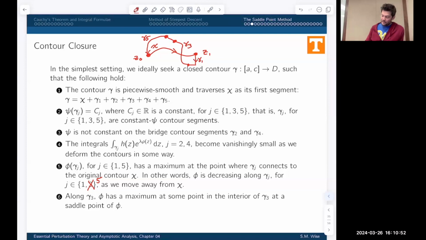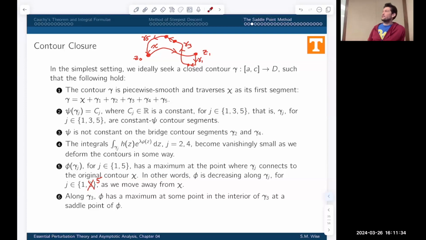Then you follow gamma 1, then gamma 2, gamma 3, gamma 4, and gamma 5. So ultimately, I create a closed contour, a closed loop. And everything is nicely contained in some nice set D. And the whole point of this is a way of deforming the original contour chi, because now I can think about running this part of gamma in the reverse order, and I can get to the same point. So that's what we call a deformation of contour.